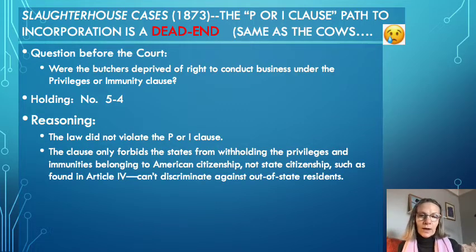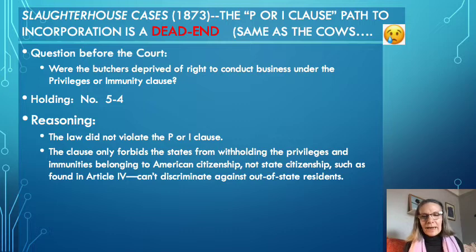And what they said was that the Privileges or Immunities Clause only forbids the states from withholding the privileges and immunities belonging to American citizenship, not state citizenship. So they basically said that the clause is about the Constitution granting broad national rights of citizenship, not all the specific rights granted to you at the state level.